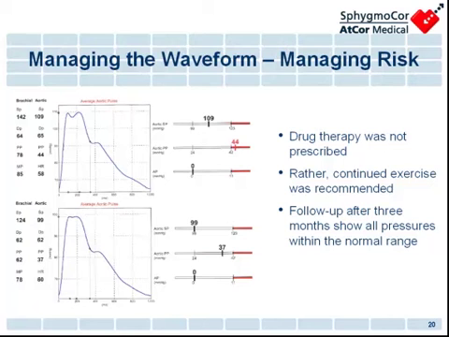So it helps me choose which agents. I'm more likely to use ACE inhibitors or calcium channel blockers, depending on the patient, if I see a high central pressure, because I know they're more vasoactive and have more direct effect on central pressure. It helps me decide between treating or not treating with drug therapy, another important decision we have. And as the risk of the patient goes up, I think we can be more and more educated as to which agent is appropriate for our complicated patients.